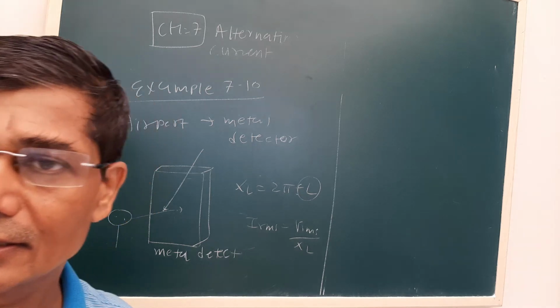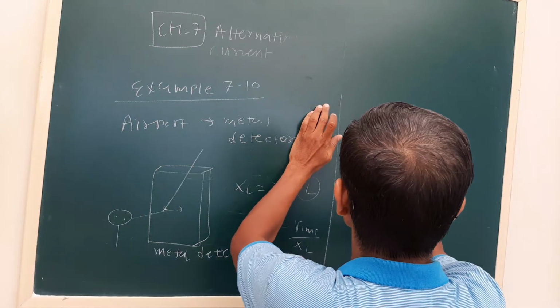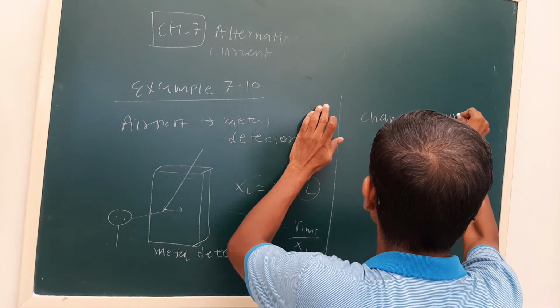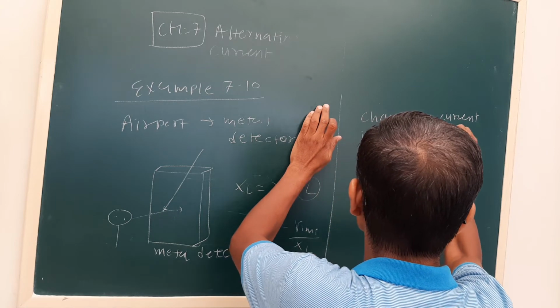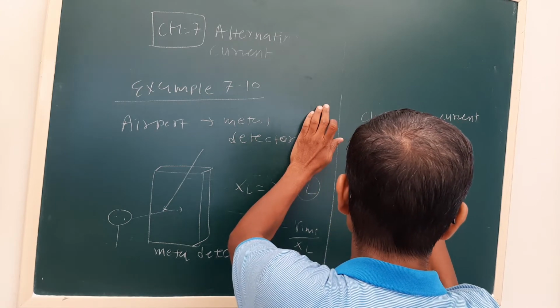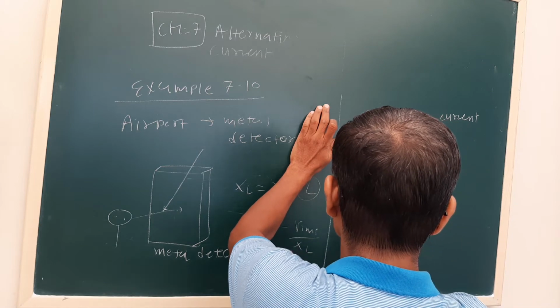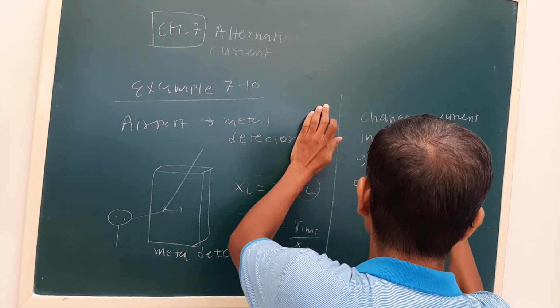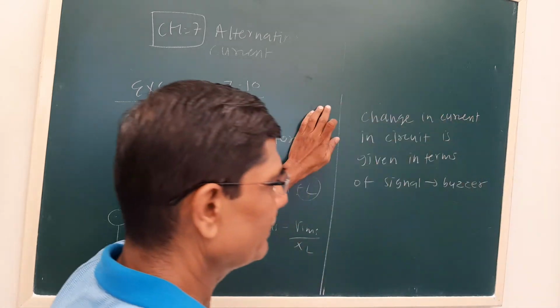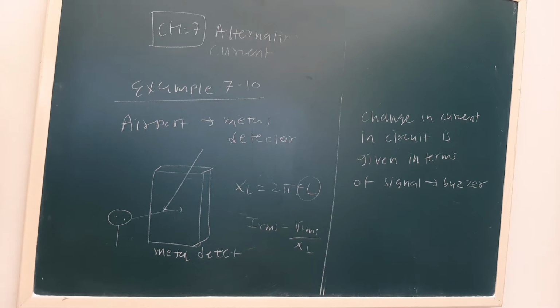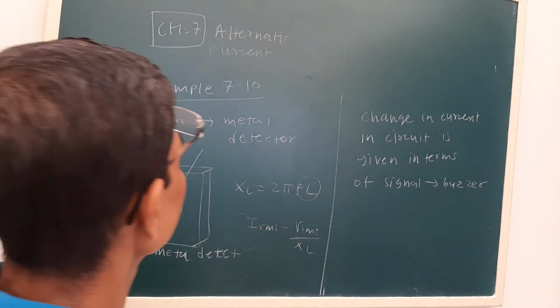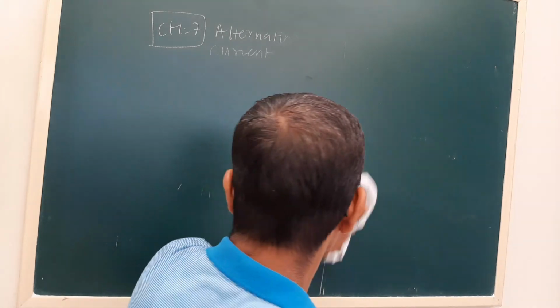Now this change in the current is given as a signal, that may be in terms of a buzzer or something like this. So this is how a metal detector works. That is nothing but our example number 7.2. Now, next is our example number 7.11.